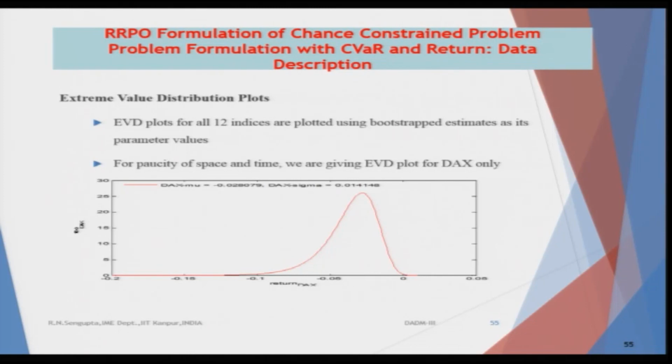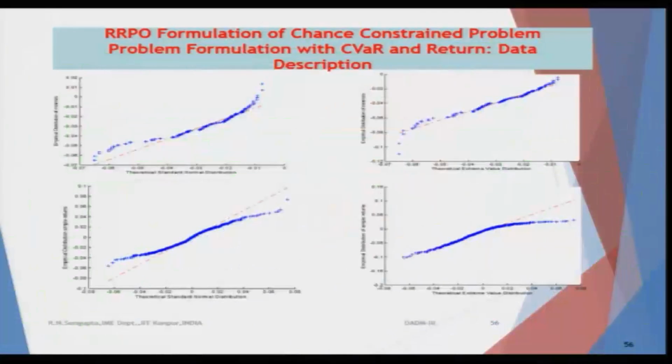You will have different types of left and right skewed for all the 12 indices, and if you see the DAX, the mu value is given as minus 0.028, I am only reading the values, and the DAX sigma value is 0.01.